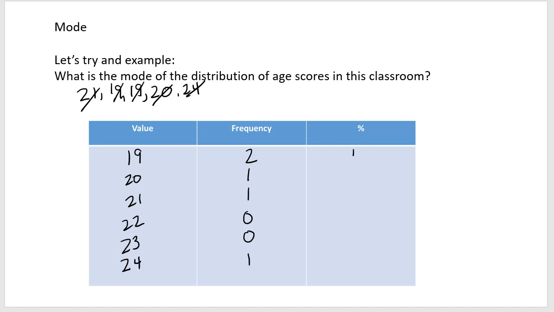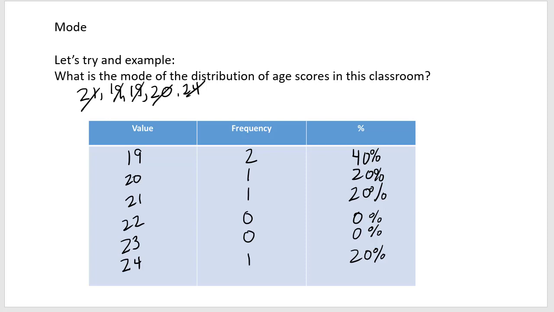So let's see, 40% of the respondents had a 19, 20% had a 21. I think I misspoke before too. 40% of the people are 19 years old, 20% are 20, 20% are 21, 0% are 22 and 23, and 20% are 24. So in this particular case, the most frequently occurring value is 19.